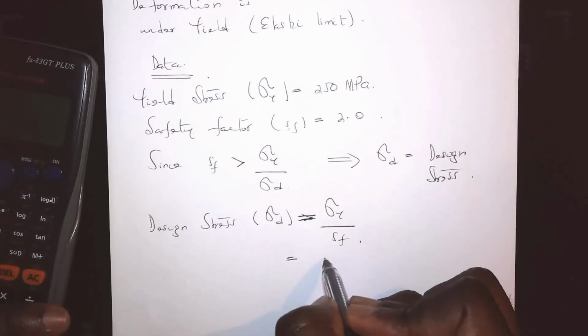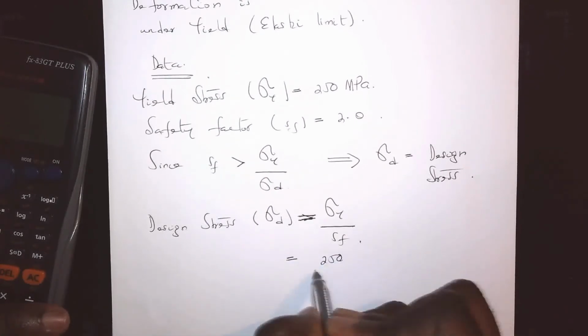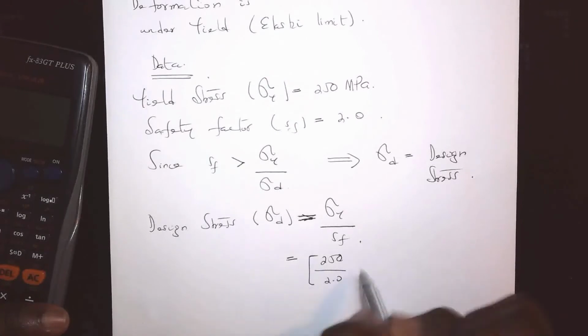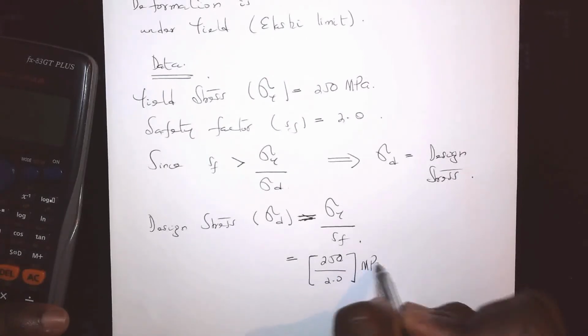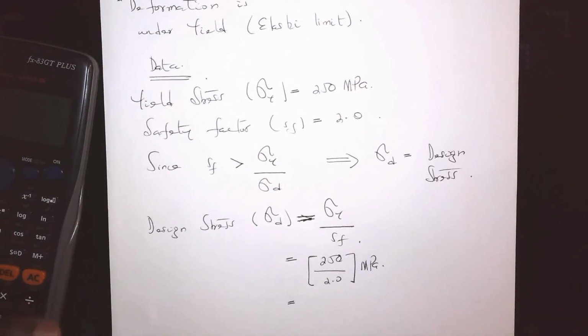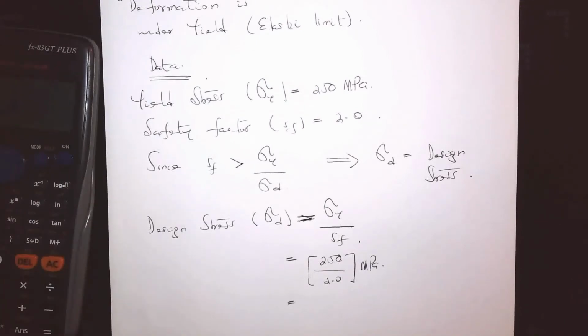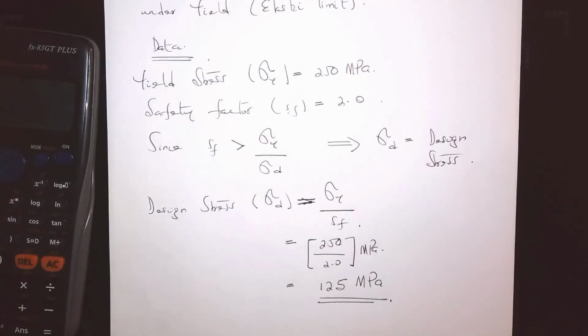So this will be equal to 250 over 2.0 MPa, and this would give about 125 MPa. So we've worked out the design stress.